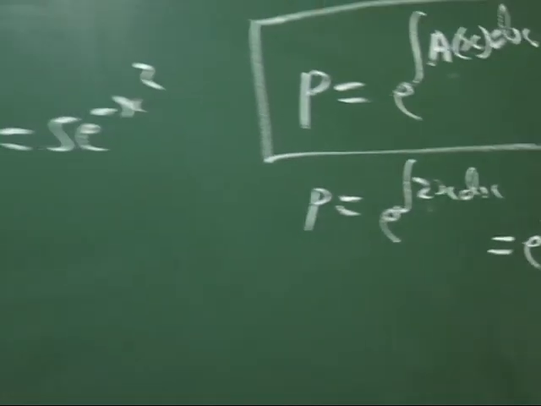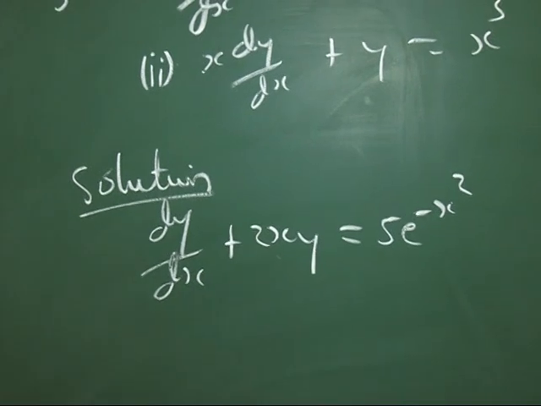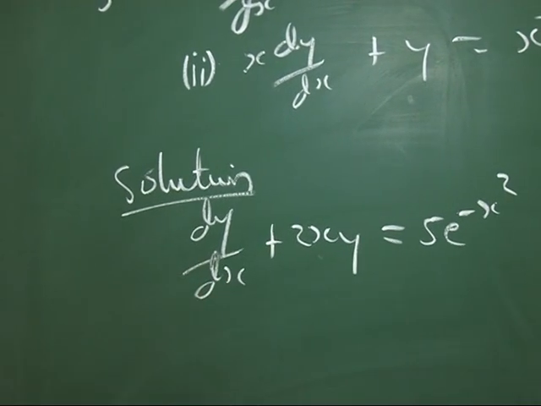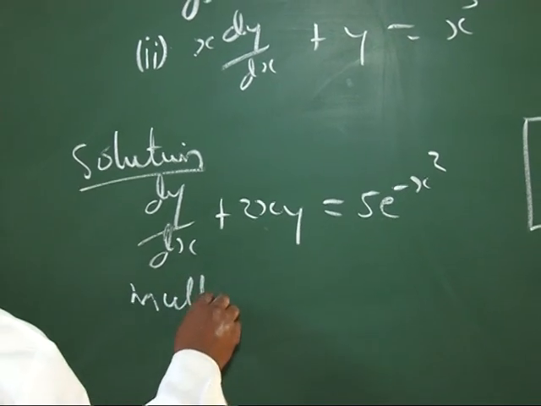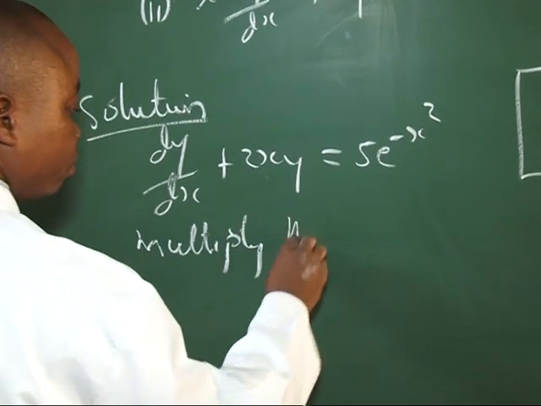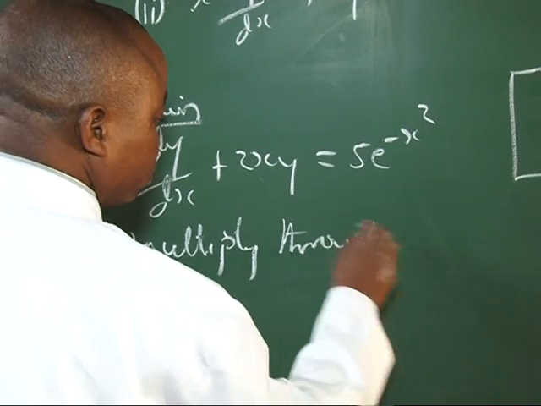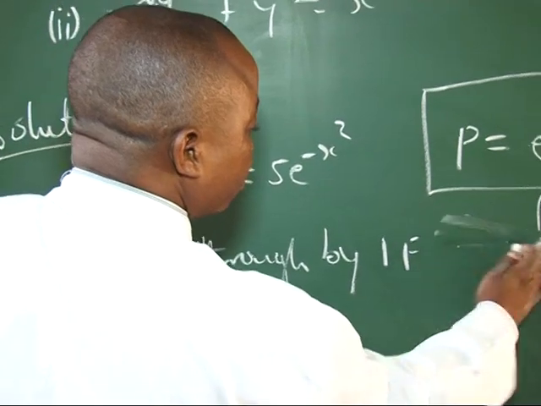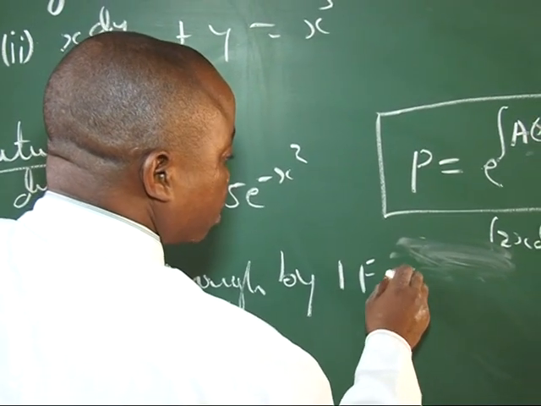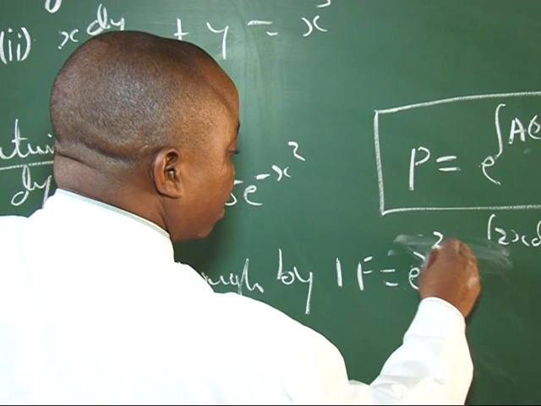Now if you have this, the next thing is to multiply through by the integrating factor. That was how we showed the proof. Now we are going to multiply through by the integrating factor, which is exponential x squared.